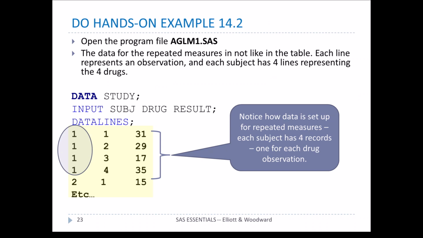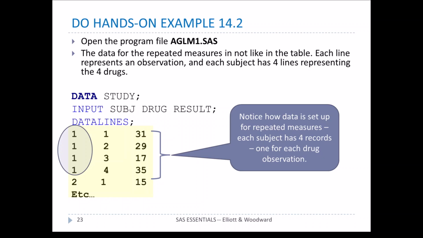All right, and then we have to know how to put that data into SAS. If you open up the program file AGLM1, at the top of it you're going to see data study, and notice we're inputting subject, drug, and result. So unlike most data sets that we've seen, where all the data for a subject would be on one line, this is different.